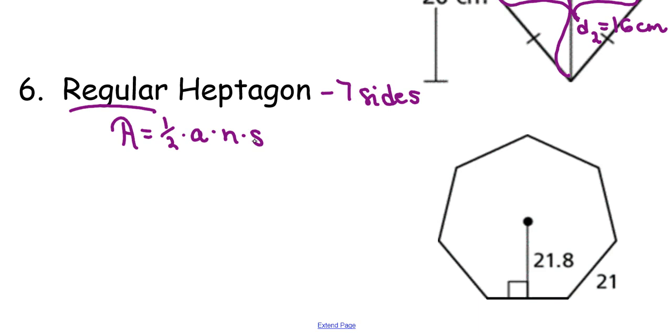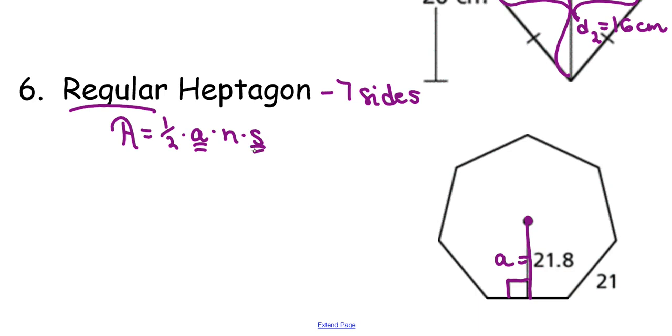So let's start with what we call the apothem. The apothem is the measure of the distance from the center of the shape to one of the sides. And if we're looking at the distance from the center to one of the sides, it's always going to be a perpendicular distance. So this 21.8 really is our apothem value.